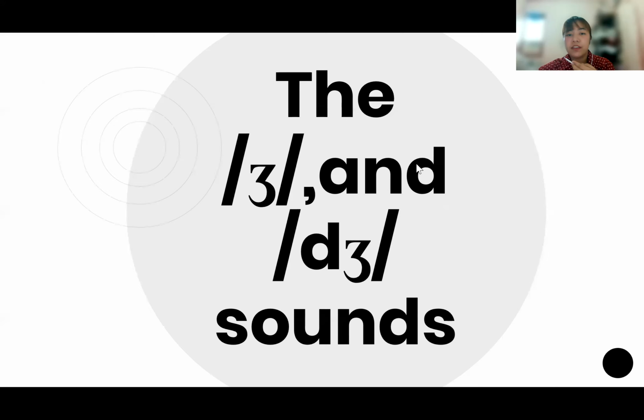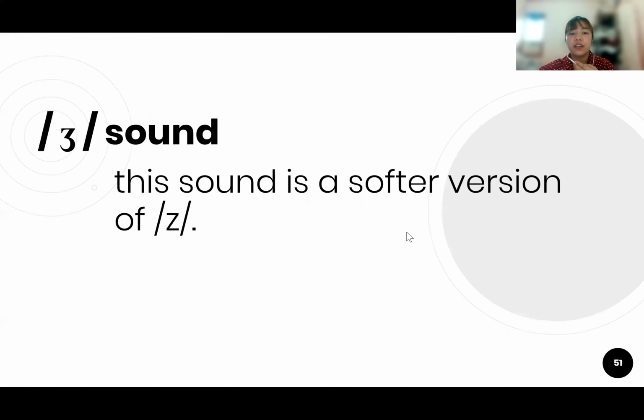So we also have here these two sounds. So first we have here this symbol. This sound is a softer version of your Z. So the softer version of your Z sound is J. That is the sound of this symbol. J. So it's written as well na ganito.